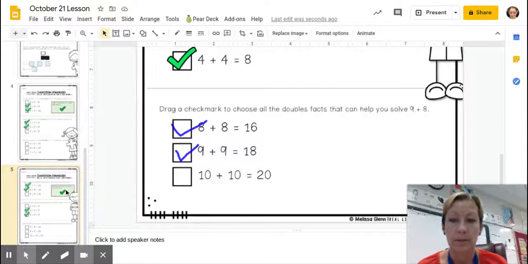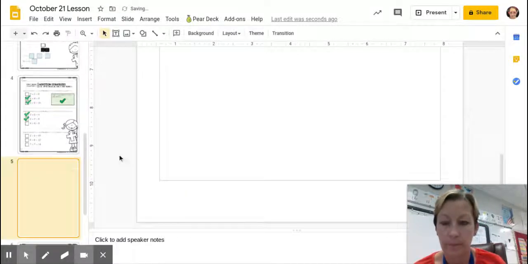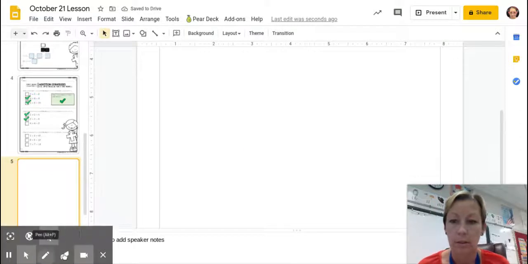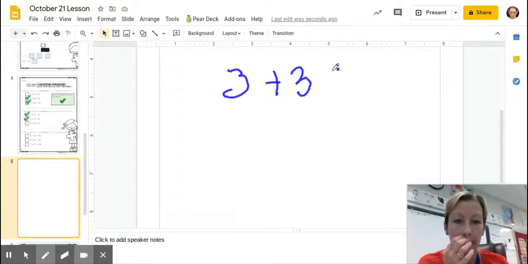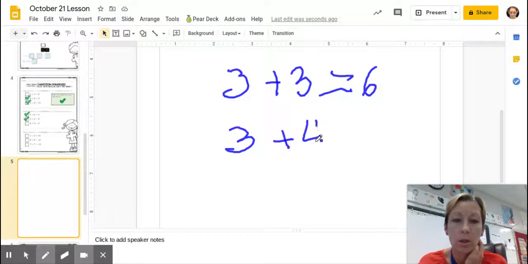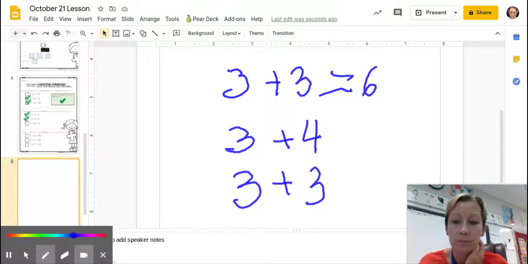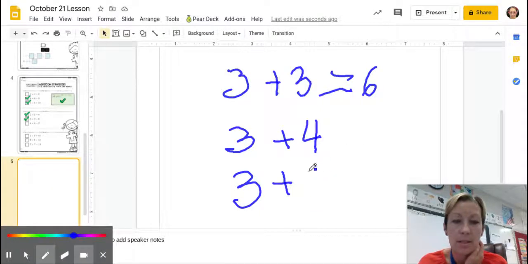All right. So what I want you to understand for doubles plus and doubles minus is if you know that, say, 3 plus 3 equals 6, then you can easily solve 3 plus 4 or 3 plus 2.